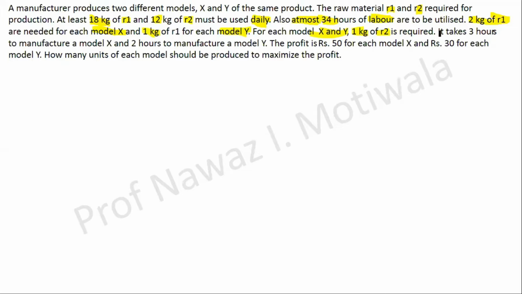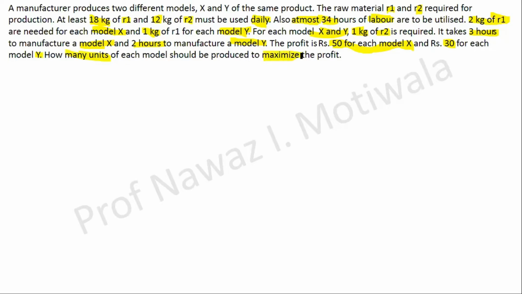It is also said that it takes 3 hours to manufacture a model X and 2 hours to manufacture a model Y. The profit is rupees 50 for each model X and 30 for each model Y. How many units of each model should be produced to maximize the profit?